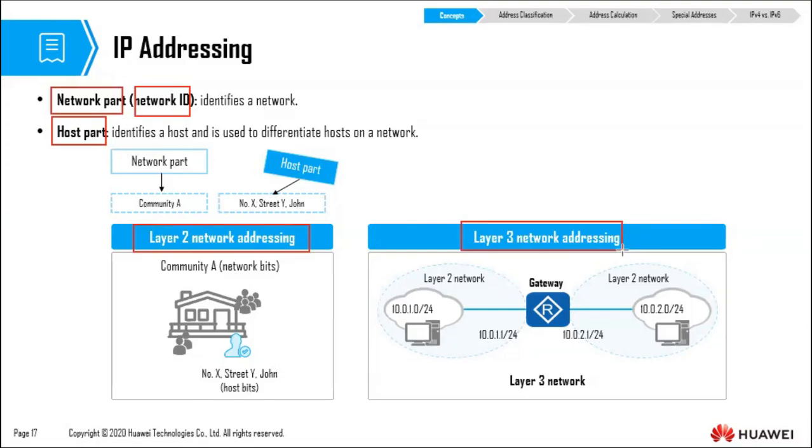So normally, you do layer 3 addressing when you want the data to be routed from one network to another network. Otherwise, if computers are in the same network, really, you do not need layer 3 addressing.